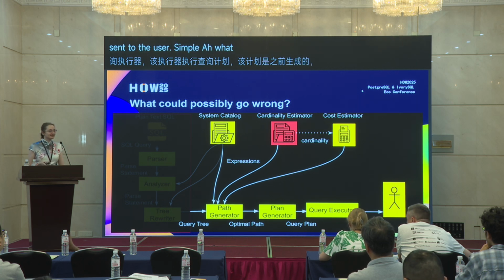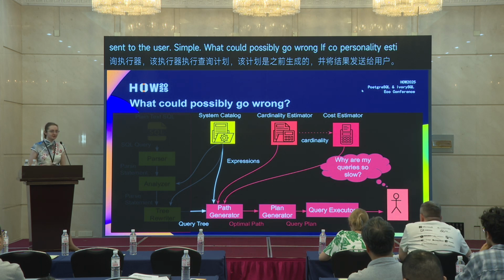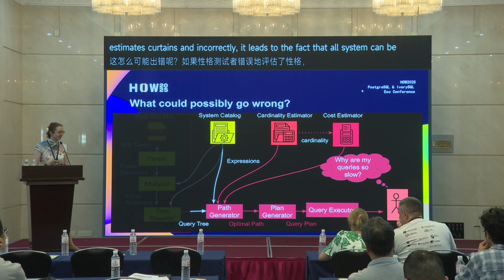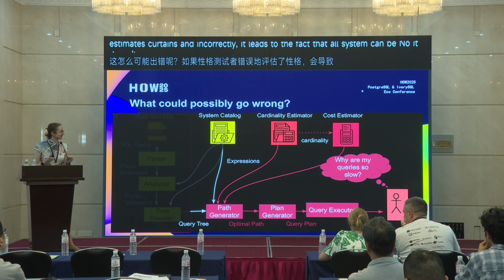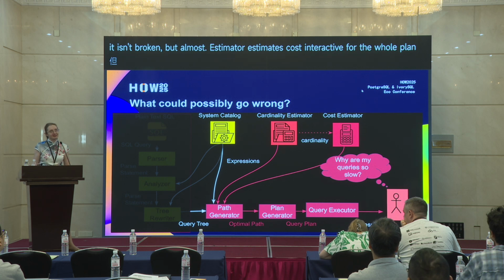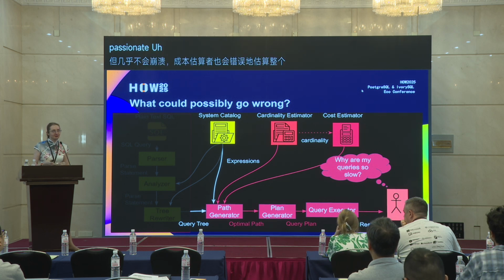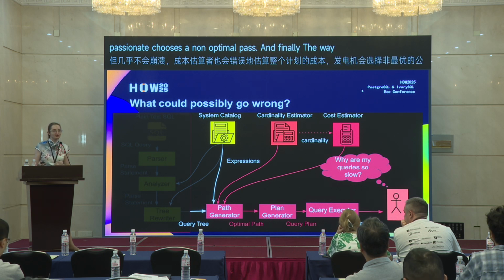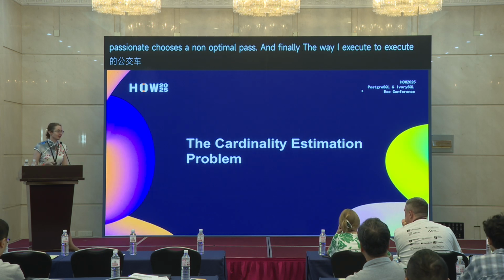If cardinality estimator estimates cardinality incorrectly, it leads to the fact that the whole system can be, no, it isn't broken, but almost. Cost estimator estimates costs incorrectly for the whole plan. Path generator chooses a non-optimal path, and finally, query executor executes the query plan longer than was expected before.